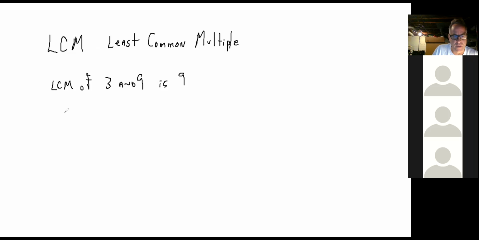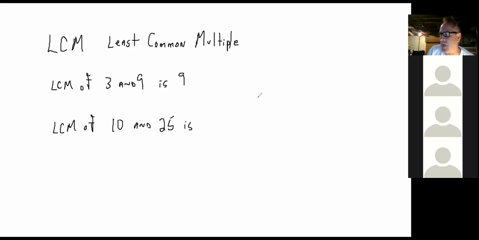Now, let's do another one, maybe not so easy. LCM of 10 and 25. Okay. Now, how in the wide world of sports am I going to come up with this?